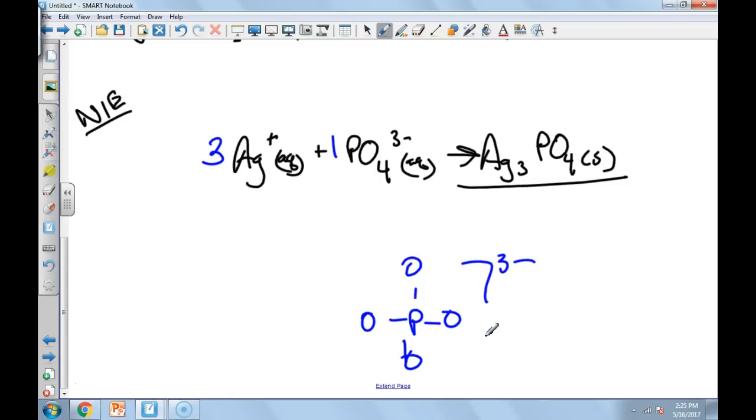I didn't put all my electrons in there, but it's all 1 unit with 4 oxygens. So we have 1 phosphate, and in here we also have 1 phosphate, even though it's not indicated. Remember, 1s we don't write if we don't have to. So here we have the balanced net ionic equation where the coefficients are 3 and then 1 and then 1.